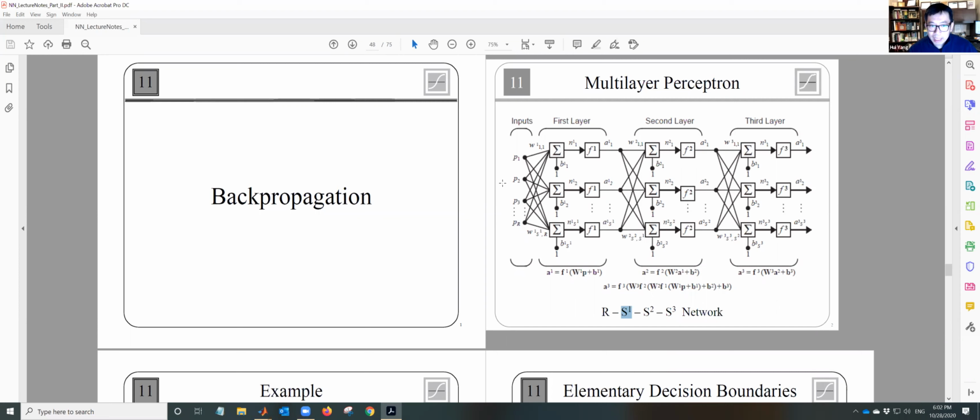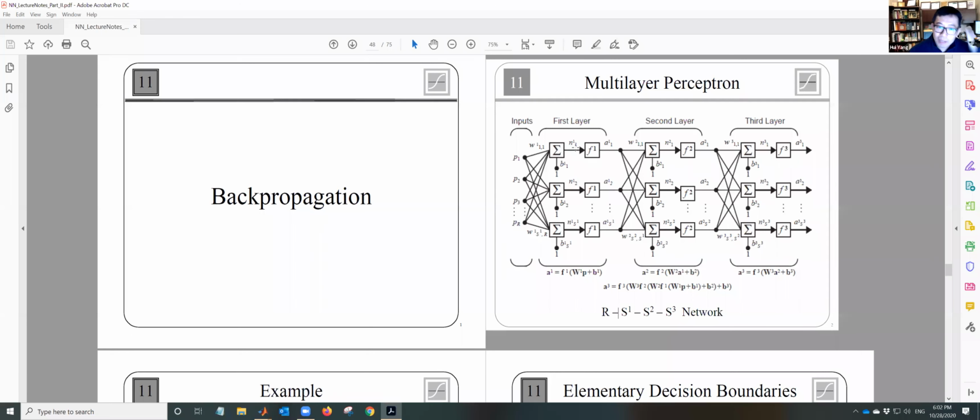And then how many inputs do you have? R by 1. This R is the input layer. So this is called an R, S1, S2, S3 neural network. Make sense? And then you have N. What does N denote? N is a linear output.